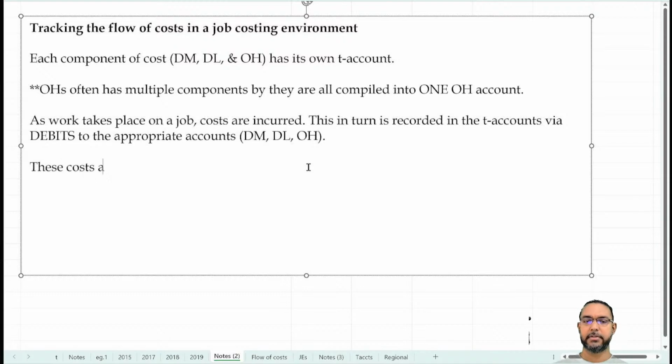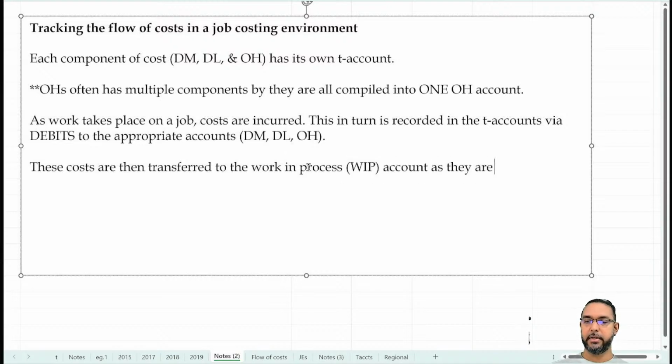All right. These costs are then transferred to the work in process account as they are incurred. When you incur any costs, so when you pay your workers, you'll debit direct labor, or wages, whatever the case is, and you'll credit cash or bank.